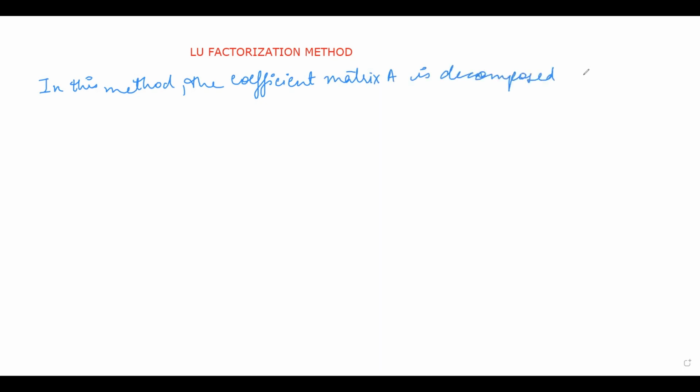So particularly, when we talk about this method, the coefficient matrix that we have, the coefficient matrix A, is decomposed into the product of two matrices.